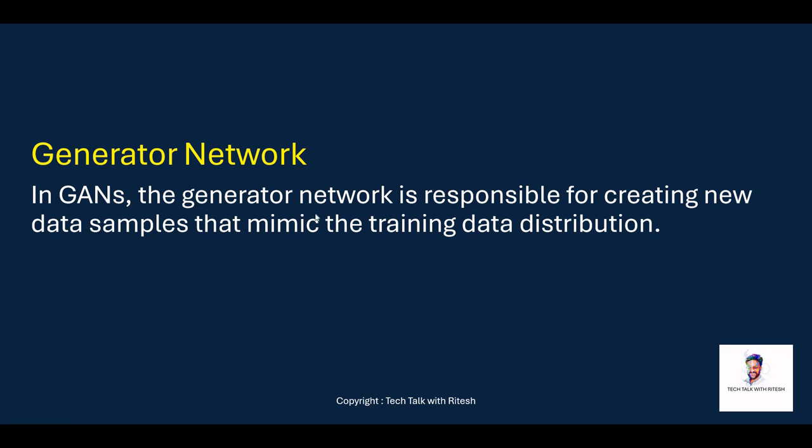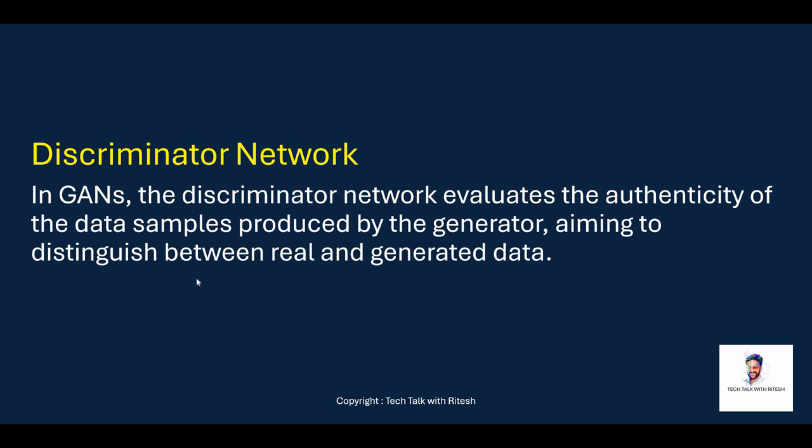Generator network: in GANs, the generator network is responsible for creating new data samples that mimic the training data distribution. Discriminator network: in GANs, the discriminator network evaluates the authenticity of the data samples produced by the generator, aiming to distinguish between real and generated data.